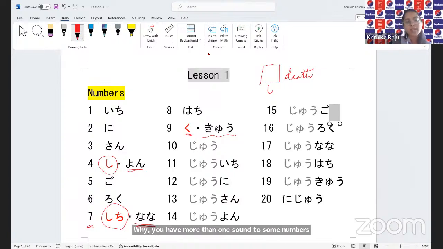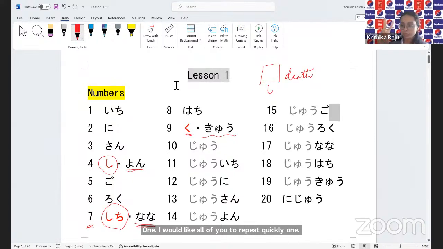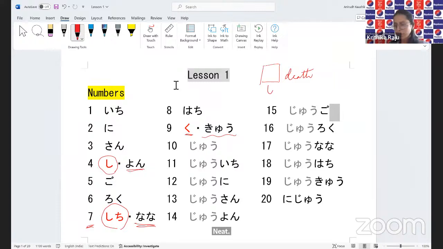Now we are going to try and remember all of them. I would like all of you to repeat quickly. 1. Ichi. 2. Ni. 3. San. 4. Yon. Go with yon, but remember, shi is also there. 5. Go. 6.